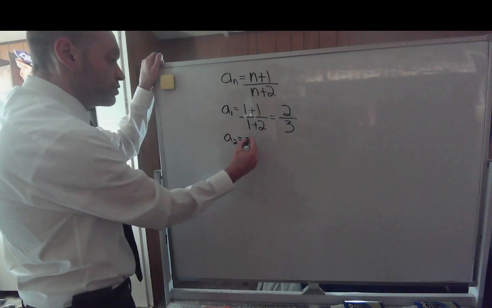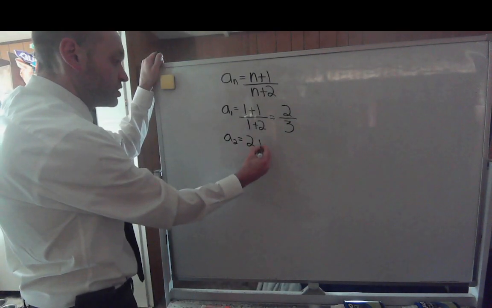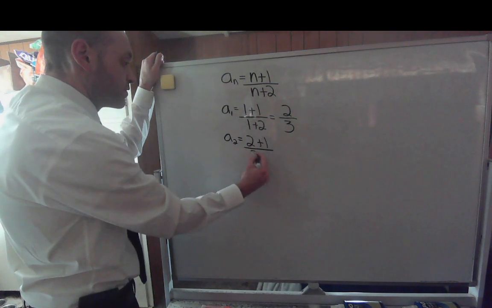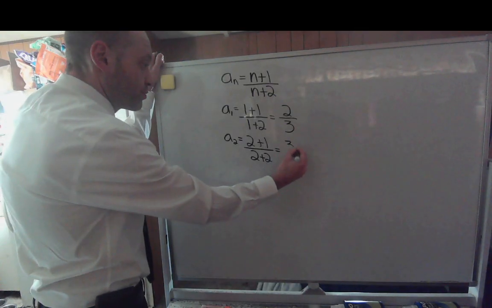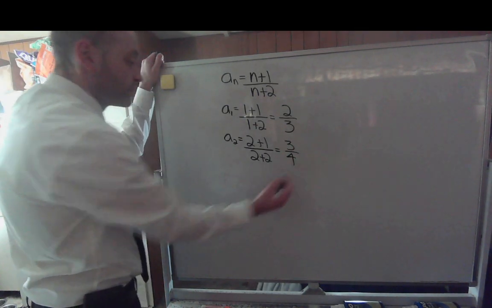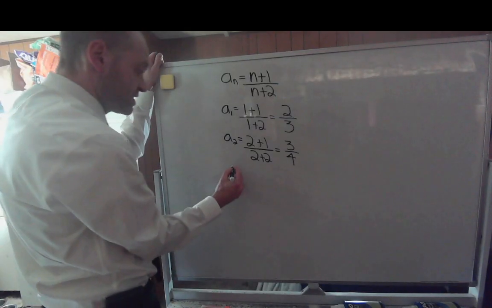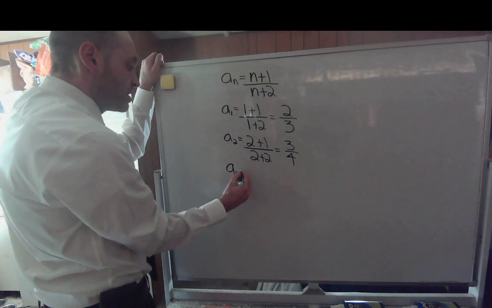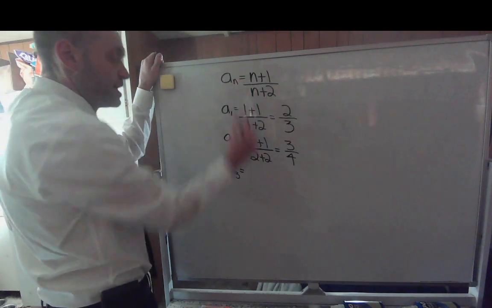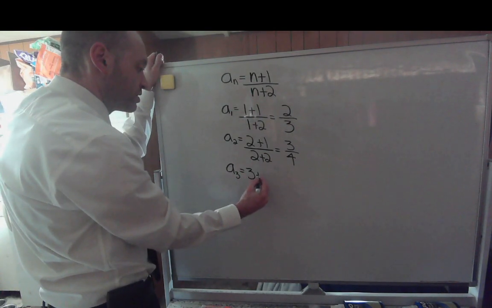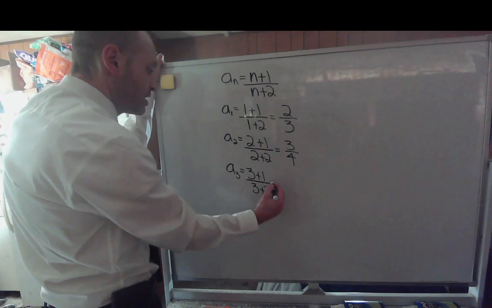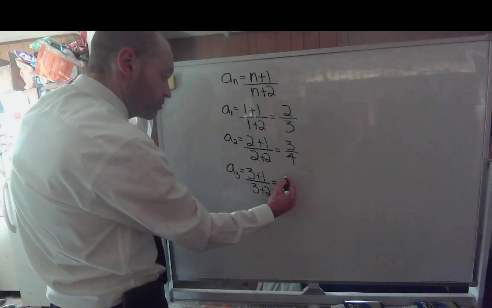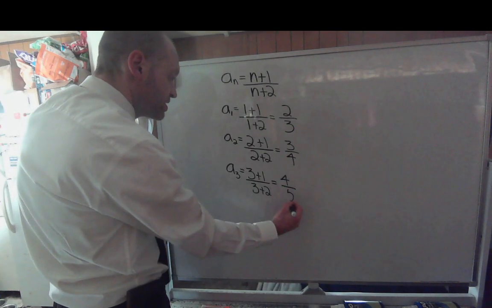That's going to equal my second term, so 2 plus 1 over 2 plus 2, which would end up giving me 3/4. A sub 3 would equal the term number I'm on, n, so 3 plus 1 all over 3 plus 2. Well, that's going to end up equaling 4/5.